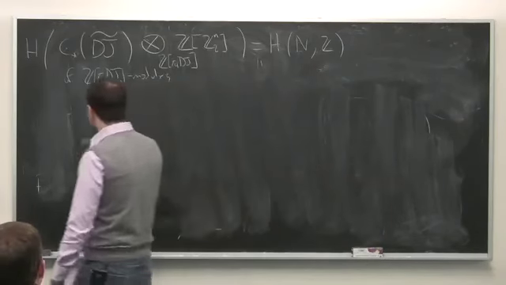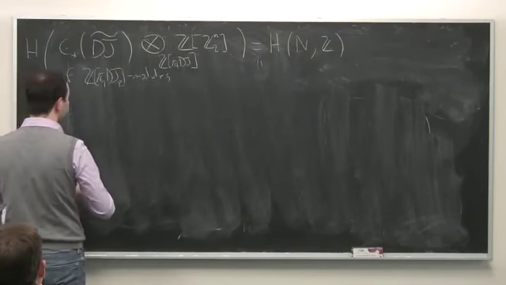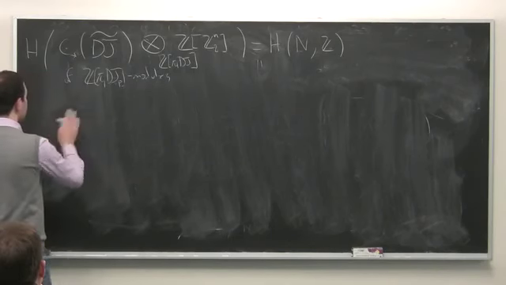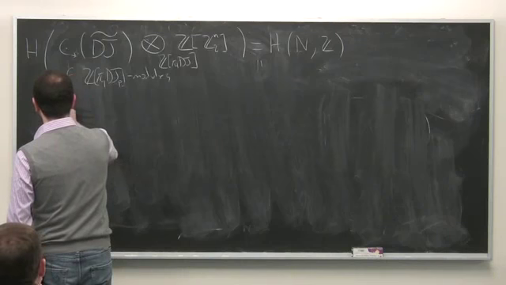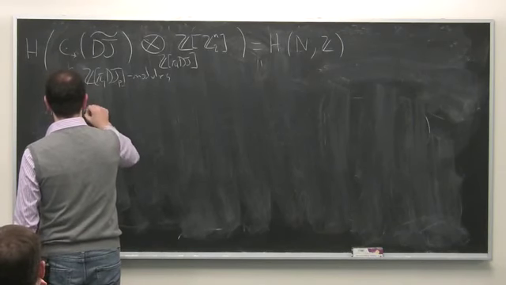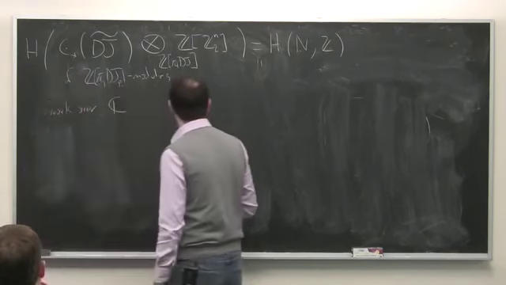So if we actually work over the complex numbers, since we're interested in embedding numbers anyway, we could as well work over the complex numbers. So if we work over C, then something happens.